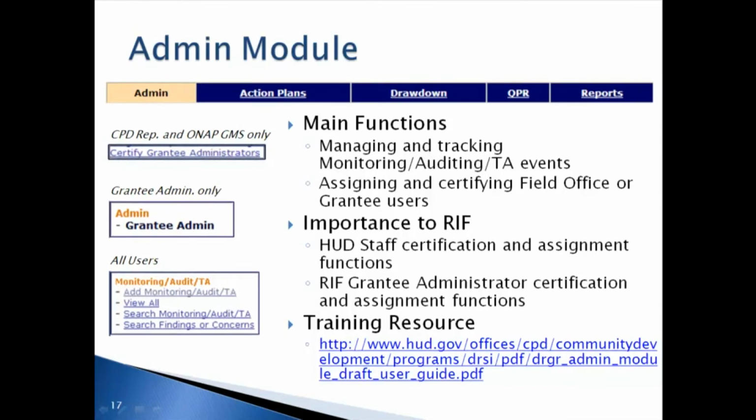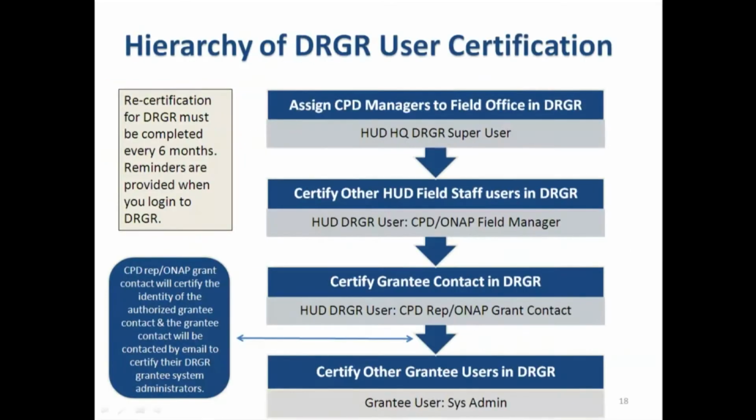With Release 6.5, DRGR has added a user certification functionality. DRGR is now required to include certification and recertification of each DRGR user by higher level users in the DRGR system. Recertification takes place every 6 months, and if a user is not recertified after the expiration period, the user will not be able to access any part of the DRGR system.